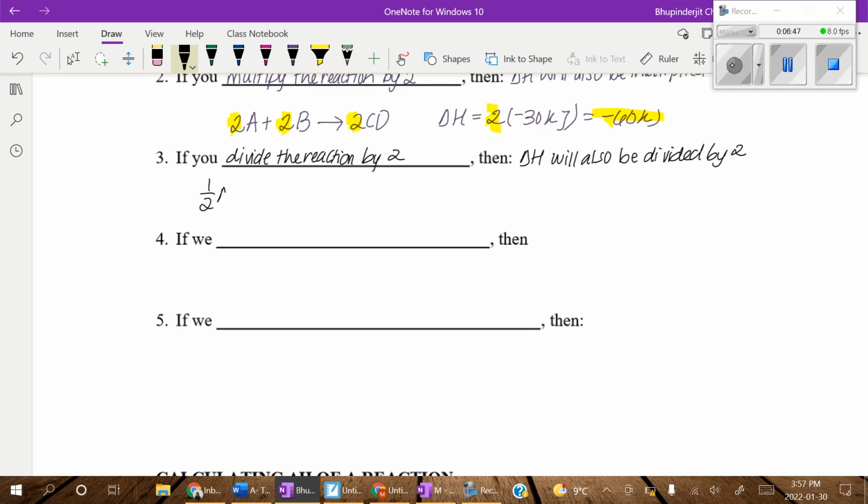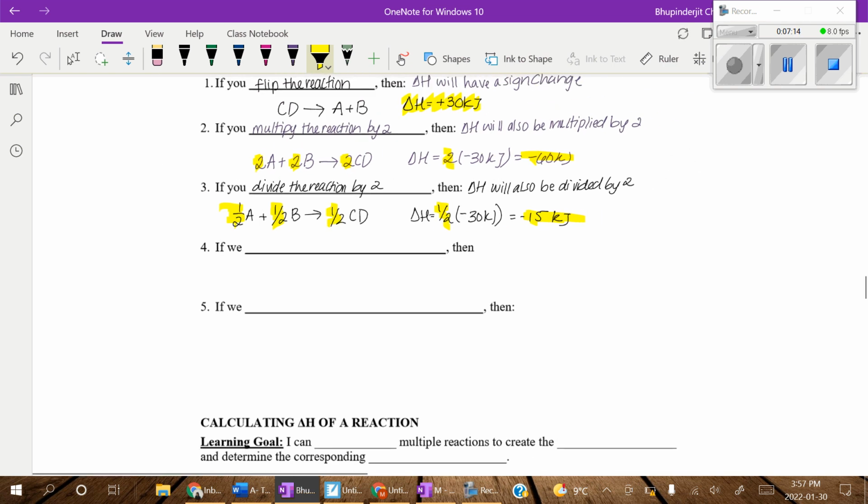So 1/2 A plus 1/2 B gives me 1/2 CD. Delta H is multiplied by 1/2 from our original, which gives me negative 15 kilojoules. So 1/2, 1/2, 1/2, and it gives us our new delta H value.